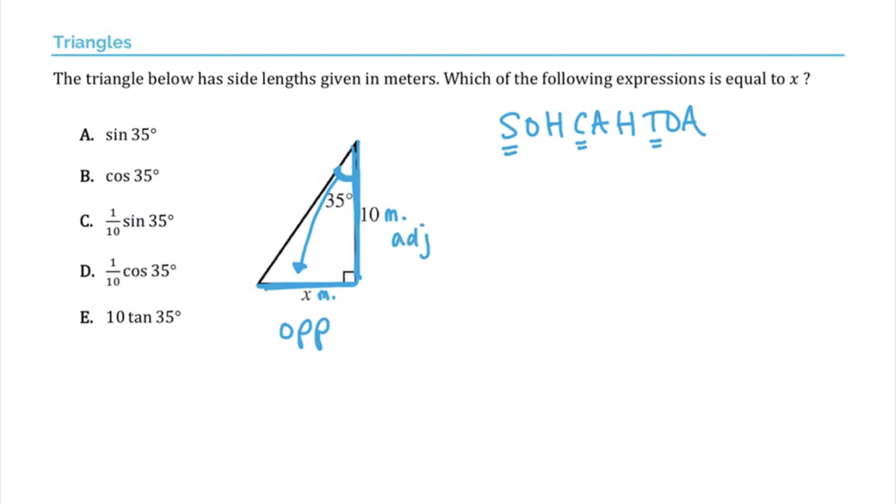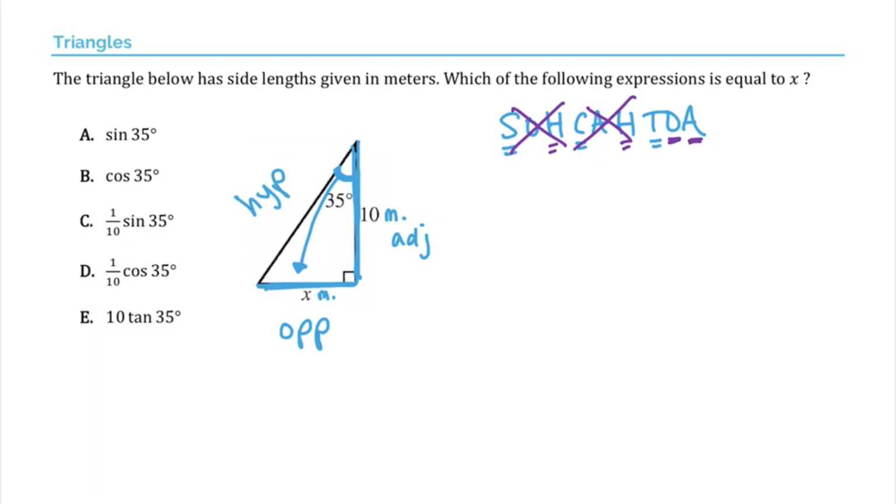Because remember, opposite the 90 degrees is always the hypotenuse. And both the SOH, right, has a hypotenuse, the CAH has hypotenuse, so SOH and CAH are out. From our 35 degree angle, we want what's opposite, and we have what's adjacent. That means that we want the O and we have the A.